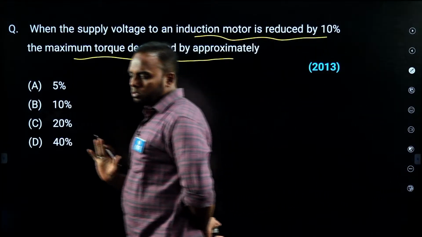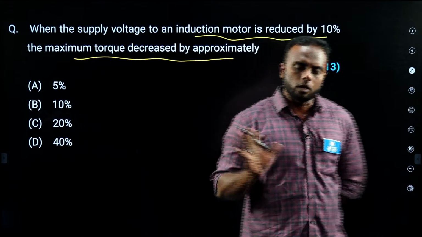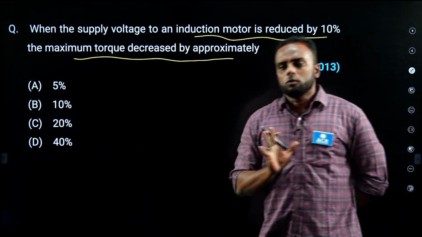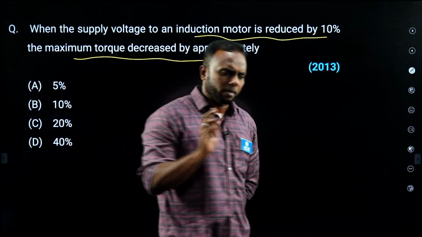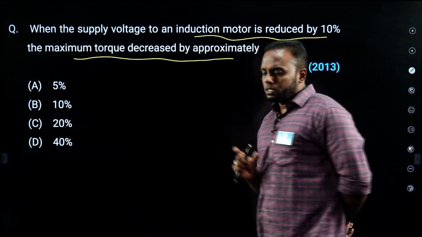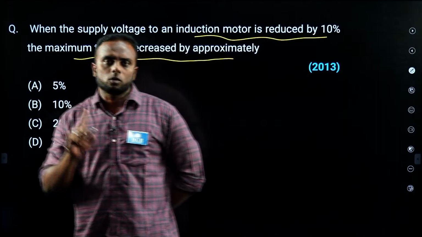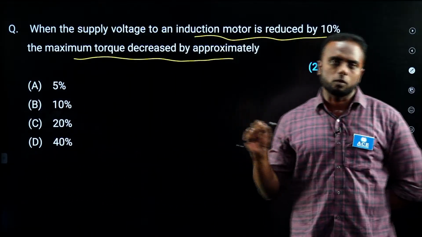In induction motor, many times in this ISRO examination, we have observed many questions from torque relations only. Torque relations, starting torque, maximum torque, and also power relations of rotor input power, rotor copper loss, and gross mechanical power. From these relations many times we have questions.